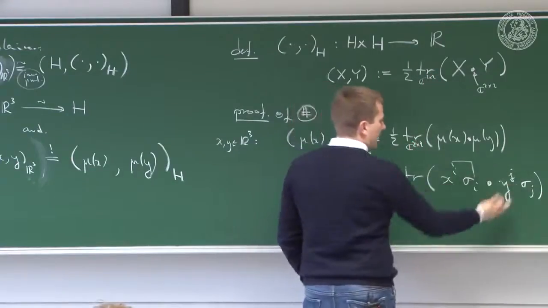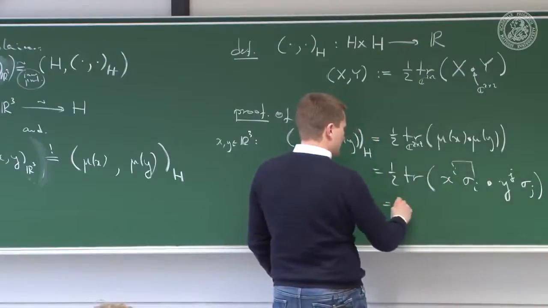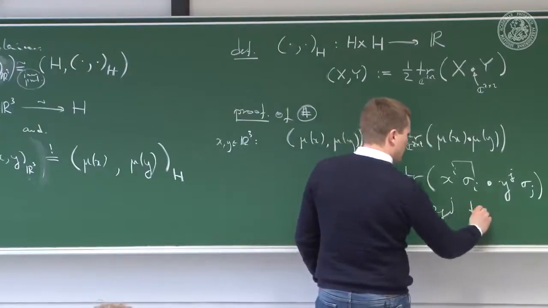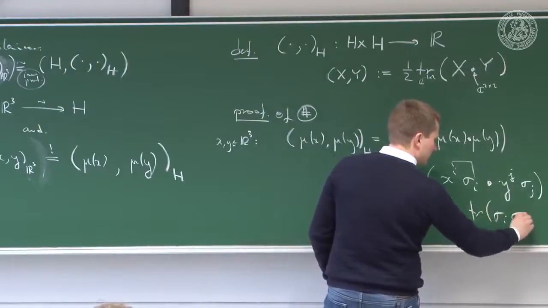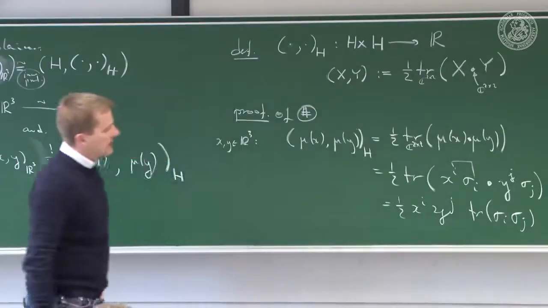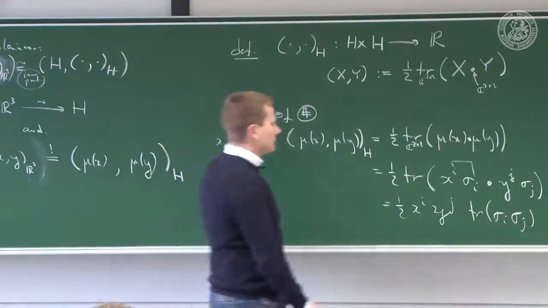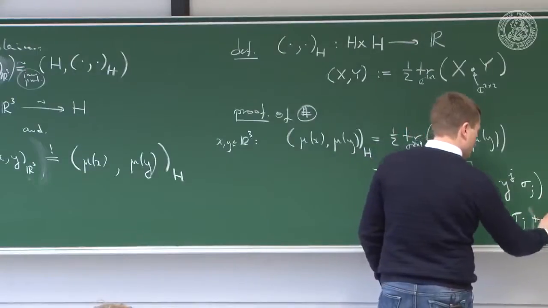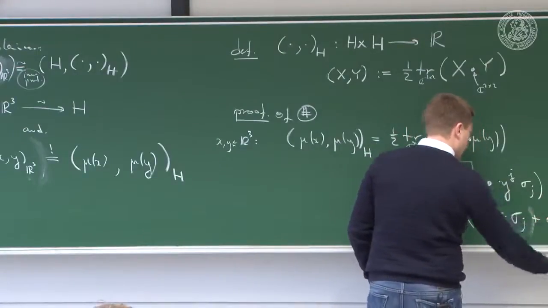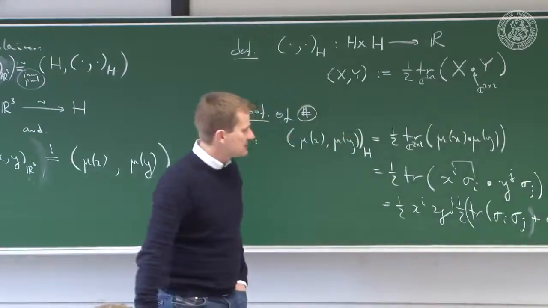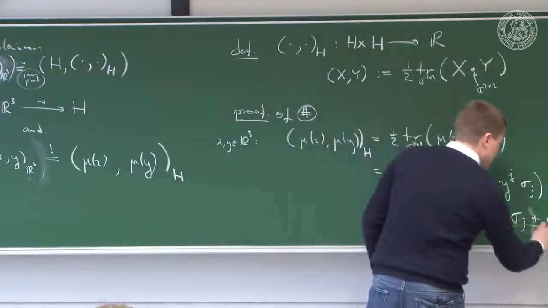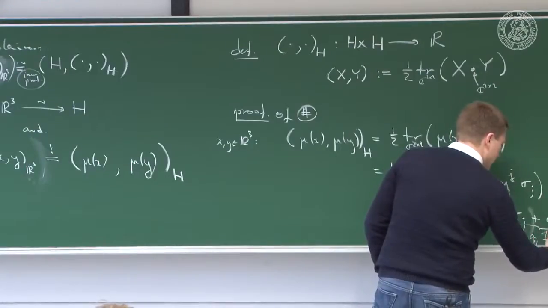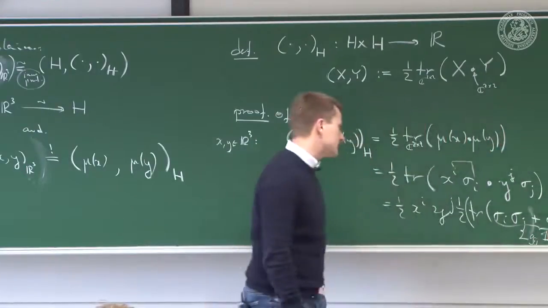So this is for every ij, this xi, xj are numbers. So this is xi, yj, and then we have the trace of sigma I, sigma j. Well, that guy we met before, we can write this as 1/2 the trace of this plus sigma j, sigma I, simply because the trace is cyclic, and then we can use that this is 2 times gij times the identity on the 2x2 complex matrices.